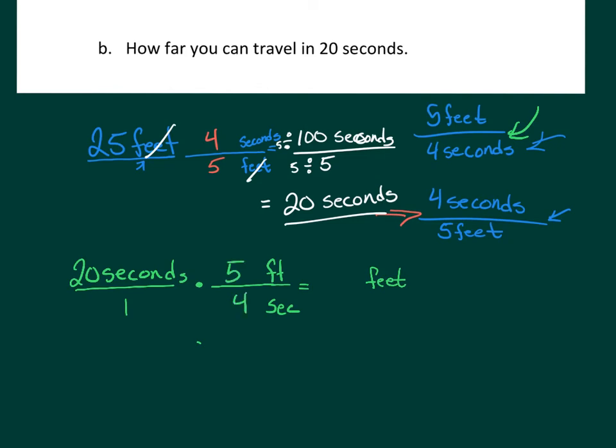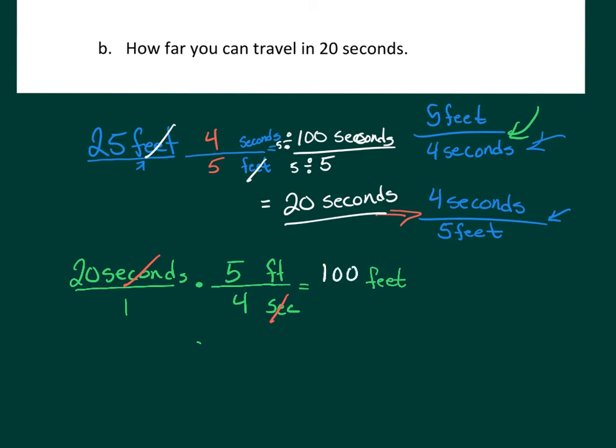Then I go through and cancel out my units. Keep in mind, you cannot not cancel. The whole purpose of doing these exercises is so that you can practice canceling and manipulating units around. So 20 times 5 is going to be 100.